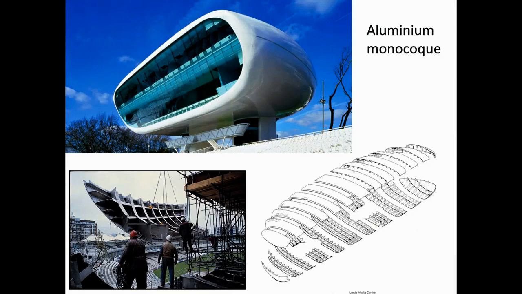Here's another beautiful example of it. This is the Lord's Media Centre, just up the road from where we are now, or from where you might be now, in Marylebone. This is designed by Future Systems. It was built by shipbuilders, as it happens, on the River Thames, in a series of sections, as you can see here. It's all aluminium. It's a monocoque structure.